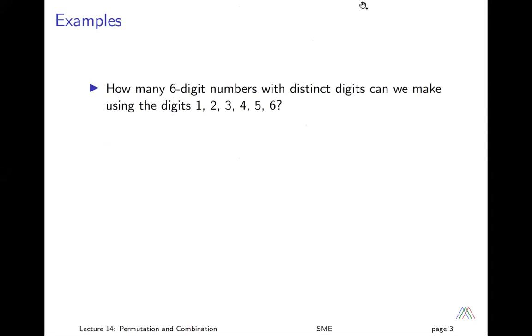Basically, let's say you have the number 2, 1, 4, 3, 6, 5. This would be a possible number, and you can mix up the order of these digits however you want. Then we're asking how many possible numbers can be formed this way. I'll give you guys a minute or two to think about this.